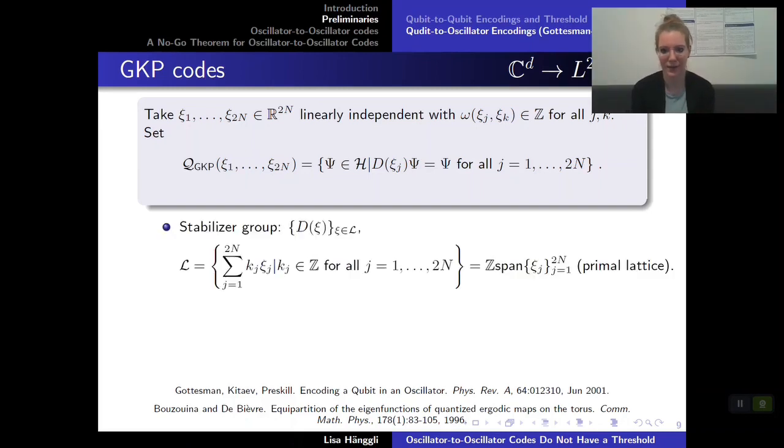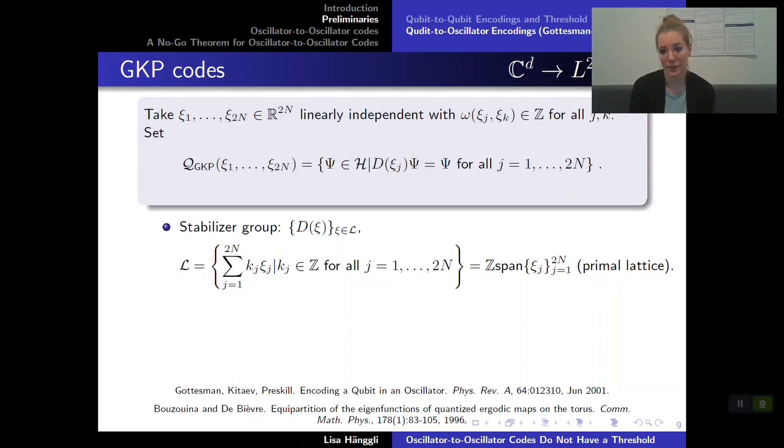Okay, so now the stabilizer group of these codes, so the group of operators that leave the code states invariant, is given by the combination of all these displacements with respect to the vectors x_j.